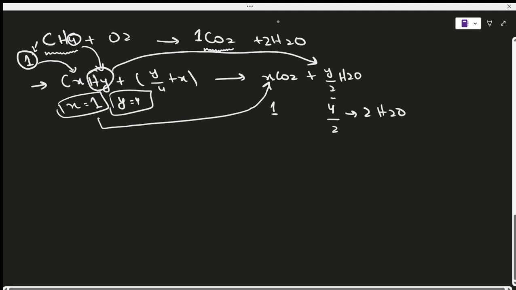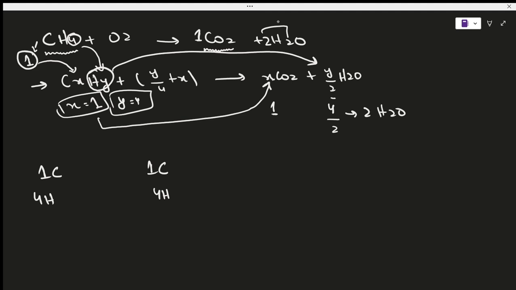Now if you look at the equation, we have 1 carbon on the left and 1 carbon on the right. Then we have 4 hydrogens on the left, and 2 multiplied by 2, 4 hydrogens on the right. The only thing we need to figure out now are the oxygens. Let's have a look at that. How many oxygens are there on the right?